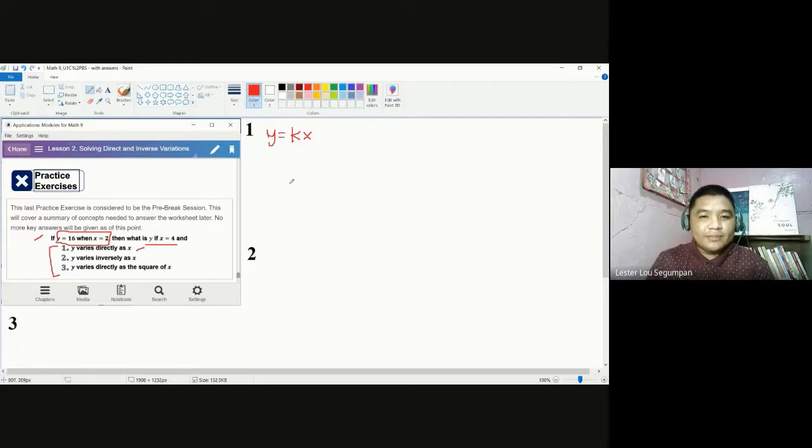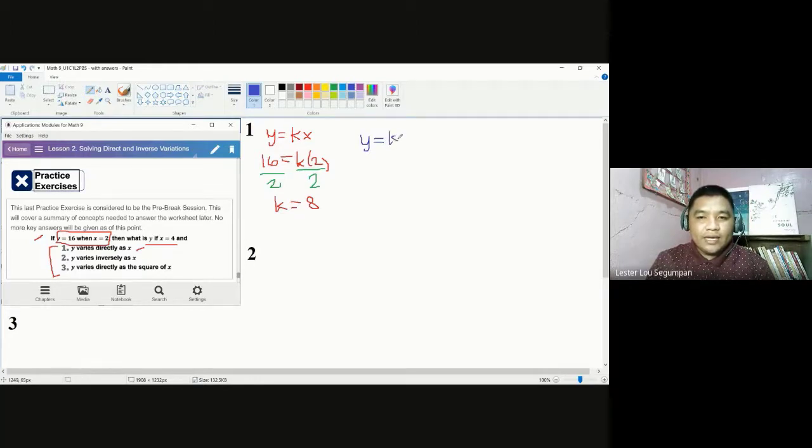So first, let's substitute the value 16 for y. You have k times 2, and then divide both sides by 2. The value for k, or our constant of proportionality, is equal to 8. This is the value that we are going to use to solve for y.